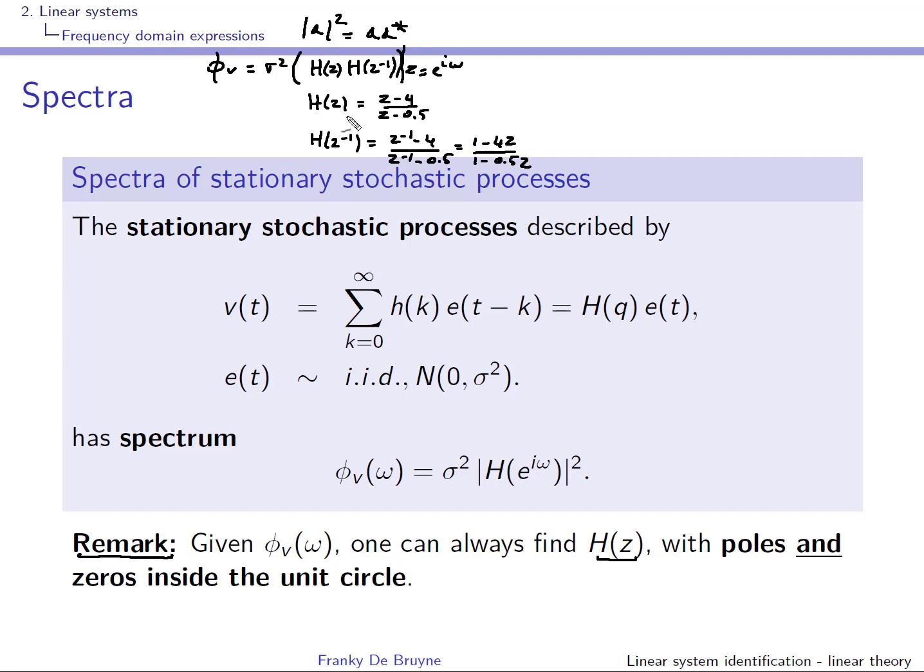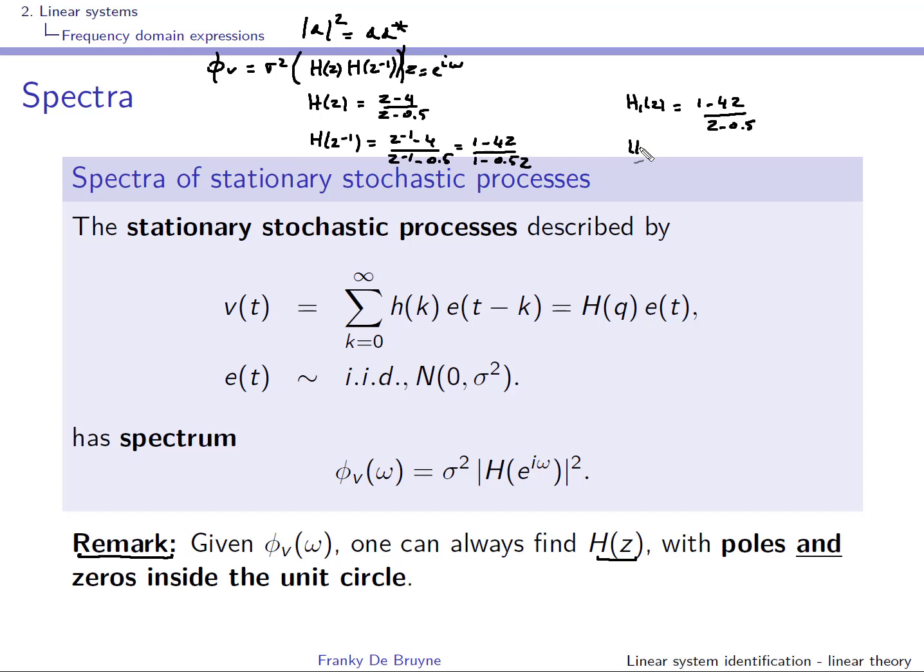You can see that instead of taking this noise model, we can take H1 of z, which is equal to 1 minus 4z over z minus 0.5, with the advantage now that the zero is inside the unit circle. The pole was already in the unit circle.